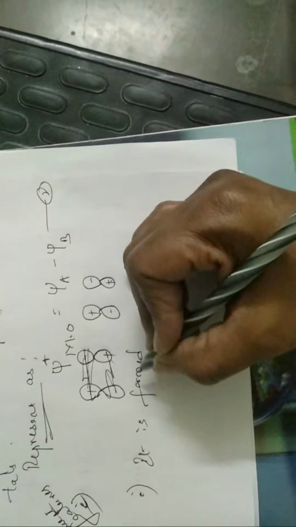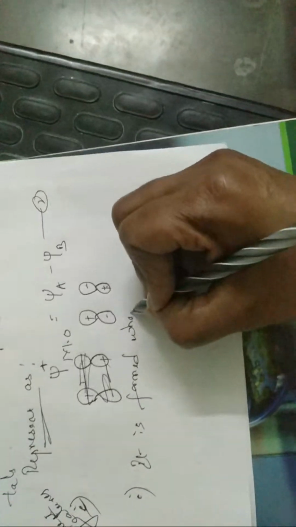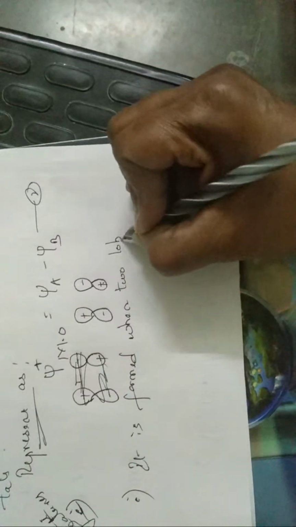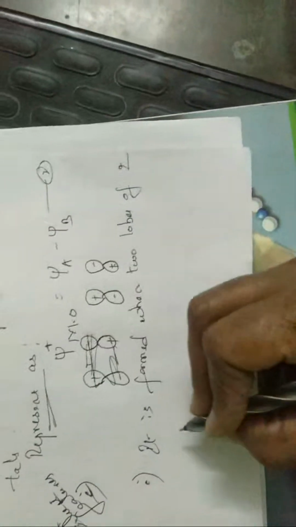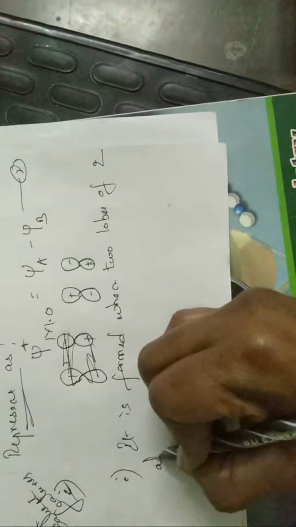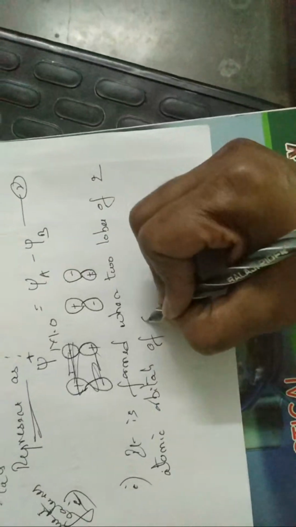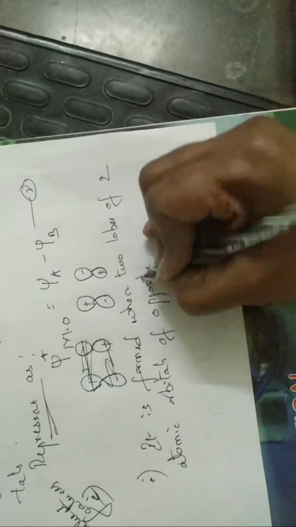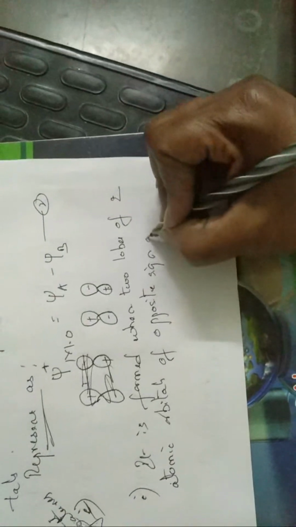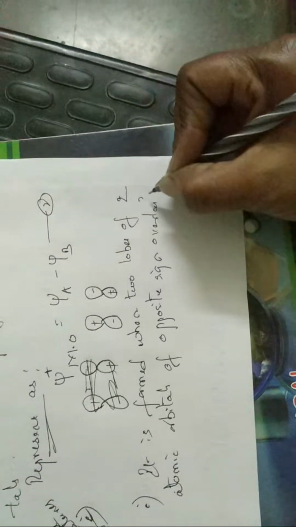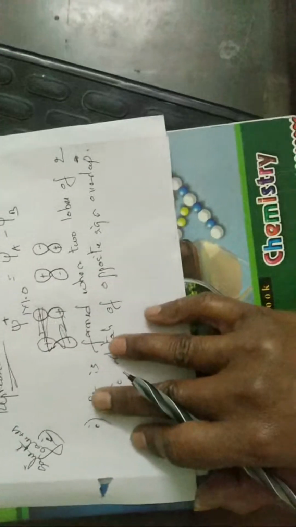An antibonding orbital is formed when two lobes of two atomic orbitals of opposite sign overlap.